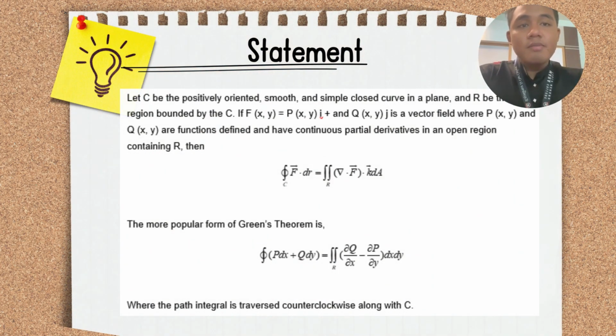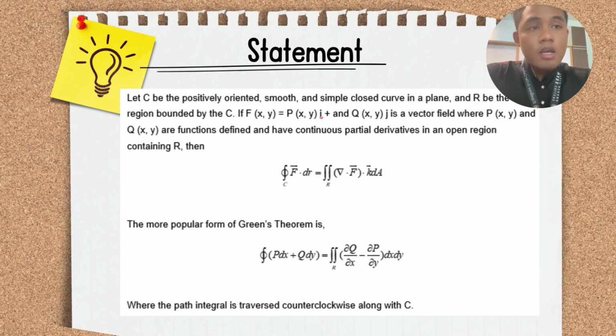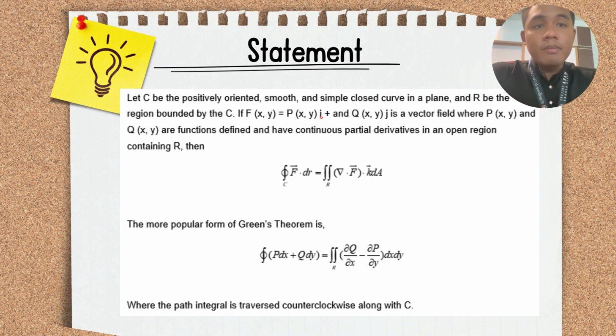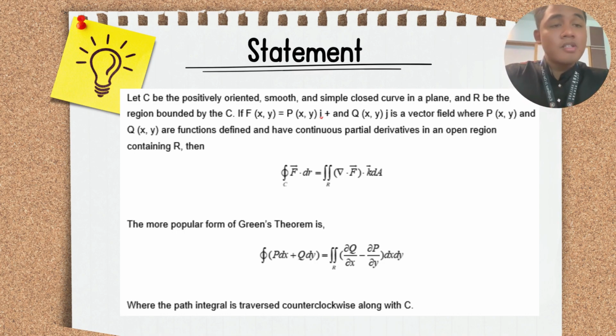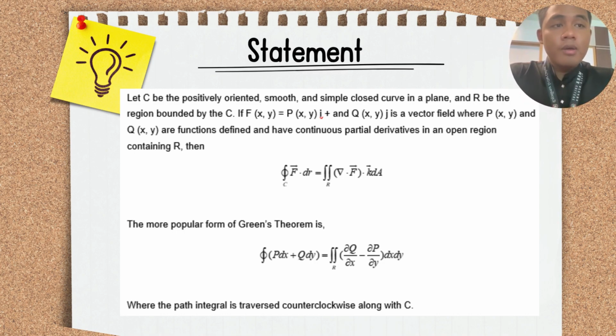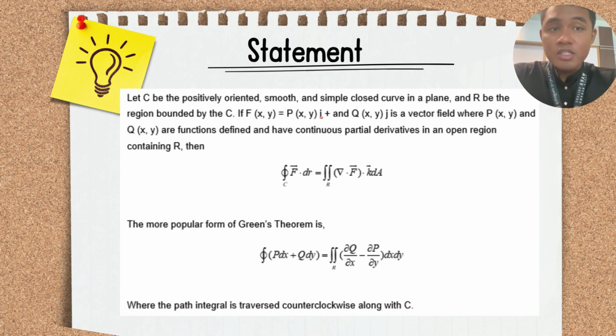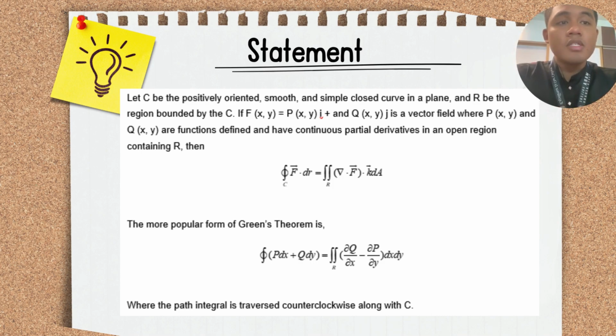Let C be the positively oriented, smooth and simple closed curve in a plane, and R be the region bounded by C. If F(x,y) equals P(x,y) i plus Q(x,y) j is a vector field where P(x,y) and Q(x,y) are functions defined and have continuous partial derivatives in an open region containing R, then the line integral of F dot dr equals the double integral of curl F dot k dA.